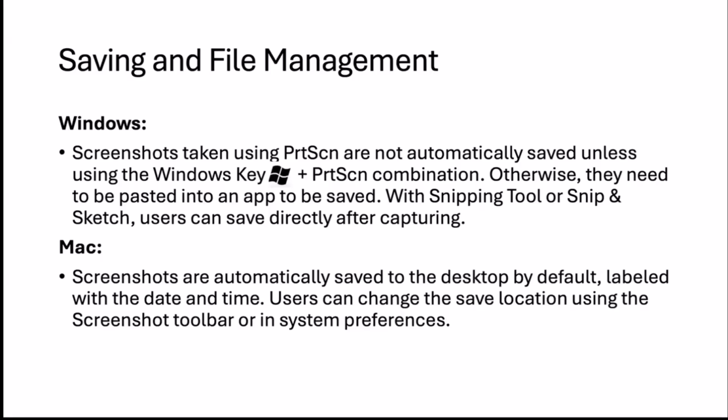With the Snipping Tool or Snip and Sketch, you can save them directly after capturing. On the Mac, screenshots are automatically saved to the desktop by default, labeled with the date and time. Users can change the save location using the screenshot toolbar or in the system preferences.